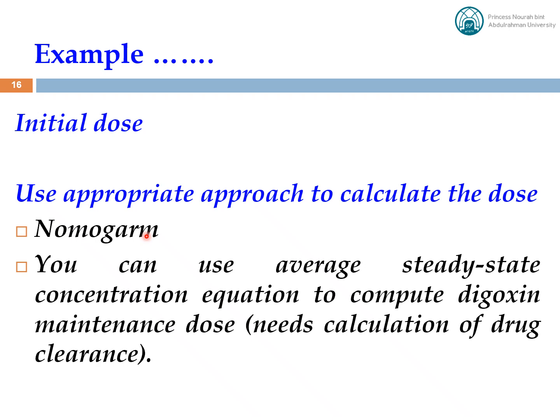You should be able to calculate the corrected creatinine clearance by using the Cockcroft-Gault equation because he is not obese. You can use average steady-state concentration equations to compute the digoxin maintenance dose. It needs calculations of drug clearance. You will see now that we will end up with the same result, which is 250 microgram per day. Let us try the calculations now.